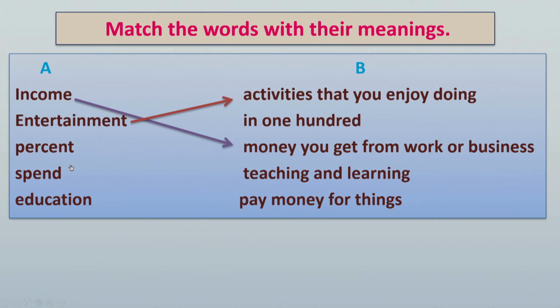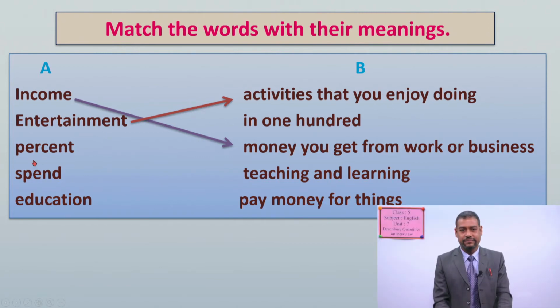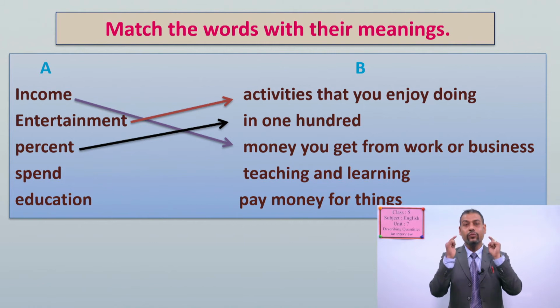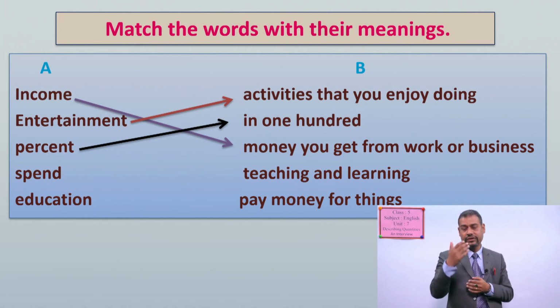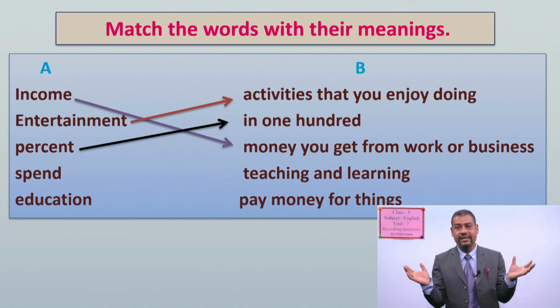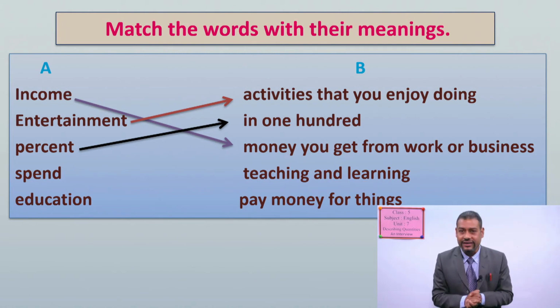Likewise, dear students, what is the meaning of the word percent? P-E-R-C-E-N-T, percent. So please tell me a bit loudly, please. Yes, now its meaning is, see, percent is in 100. Always we calculate percentage in 100. In our interview also, you know that Prem spends, let's say, 25% on food and clothes, and then 20% on education and 20% on healthcare.